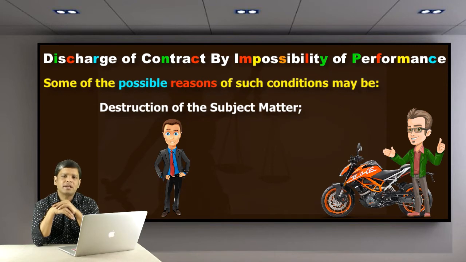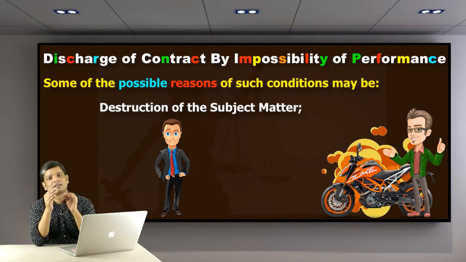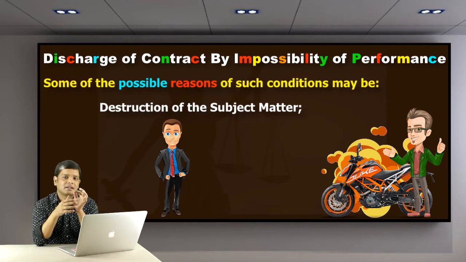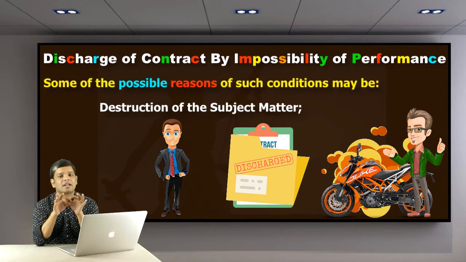What happened? While returning back, your friend met with an accident and the bike was damaged badly. So in this case, the subject matter itself was destroyed. So the contract that you made with your friend is supposed to be discharged. So there is no obligation anymore.